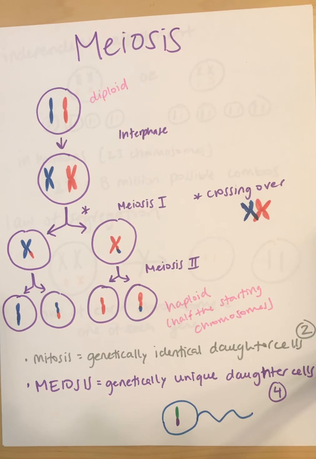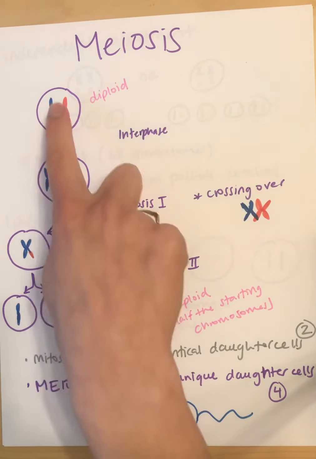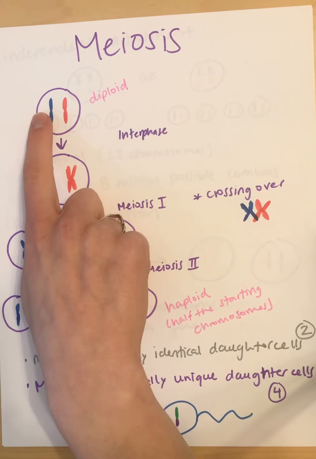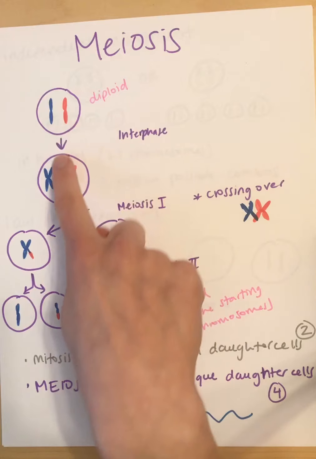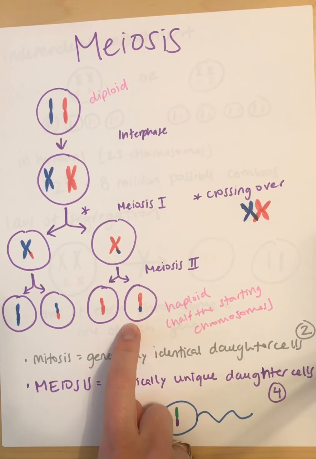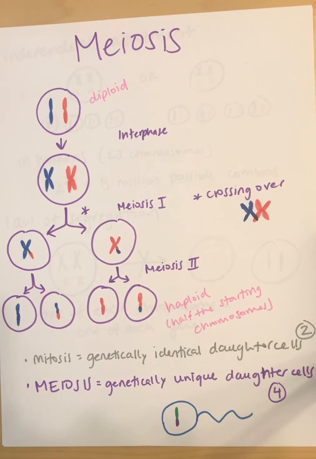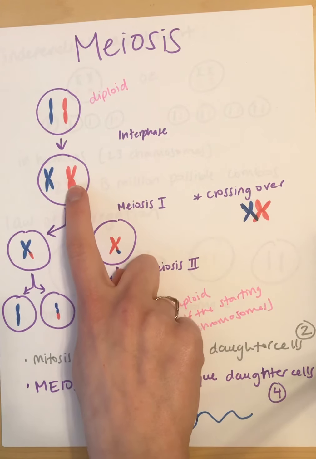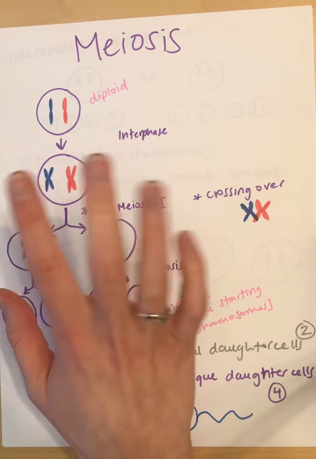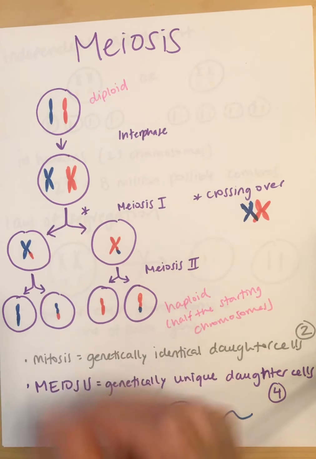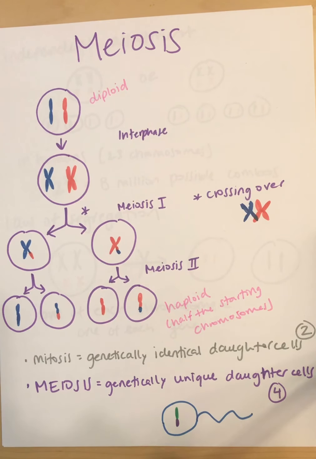So I want to remind you and give you an example. This isn't what happens after a mom and dad's genetic material comes together. This is, for example, what happened in my body to produce an egg cell. The red would represent my mom and the blue represents my dad, but this is not right when I was becoming a human. This is in my body to produce the egg cell that made the baby that I'm now carrying.